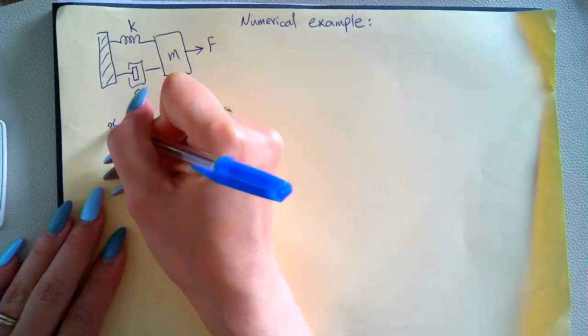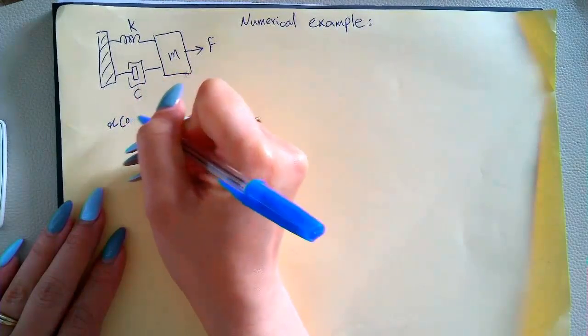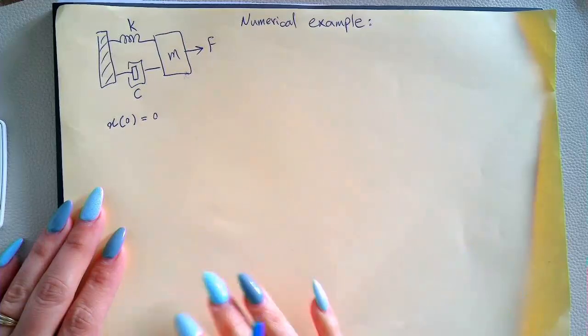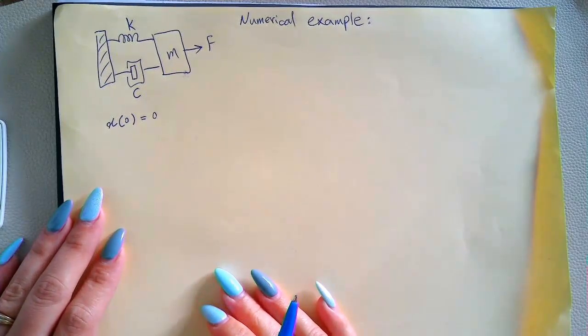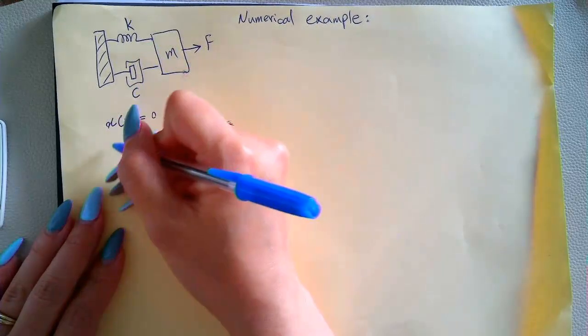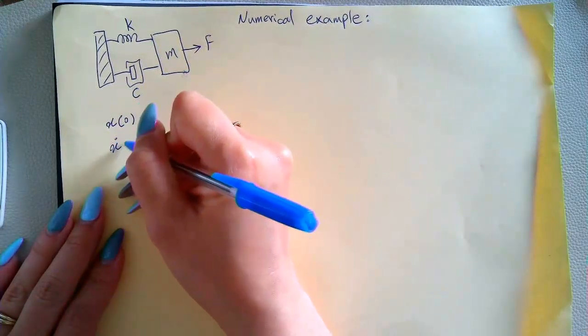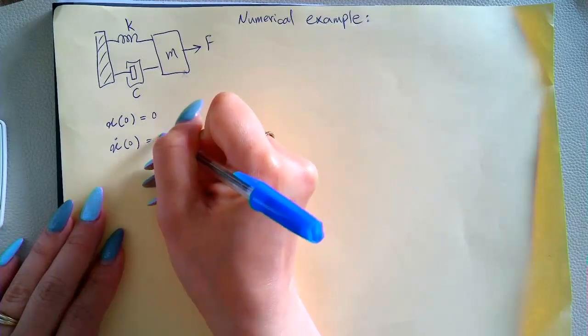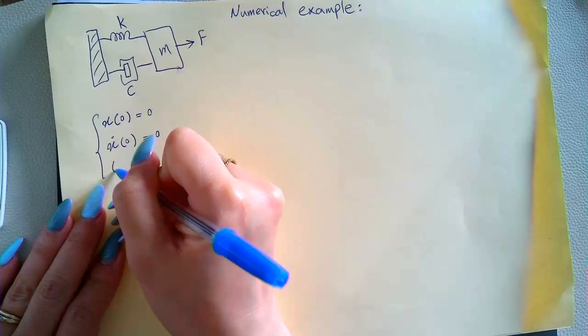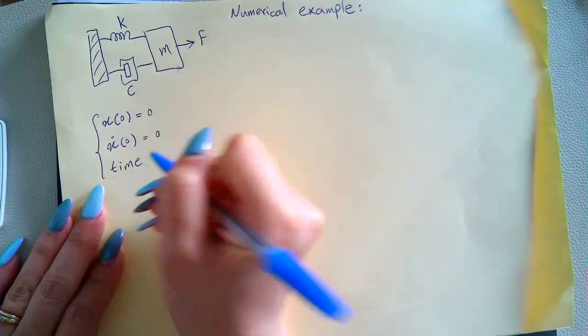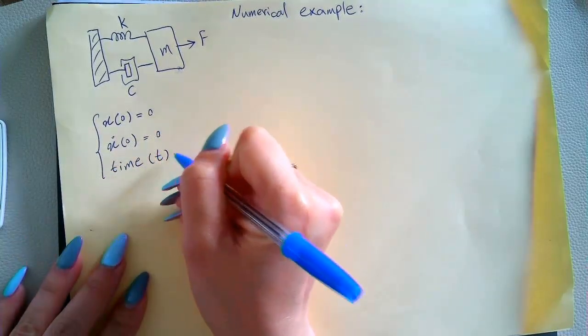That means x of 0 is equal to 0. Another assumption is that at the very start, the derivative of x, or x dot of 0, is also 0. That is all valid at time t is 0.